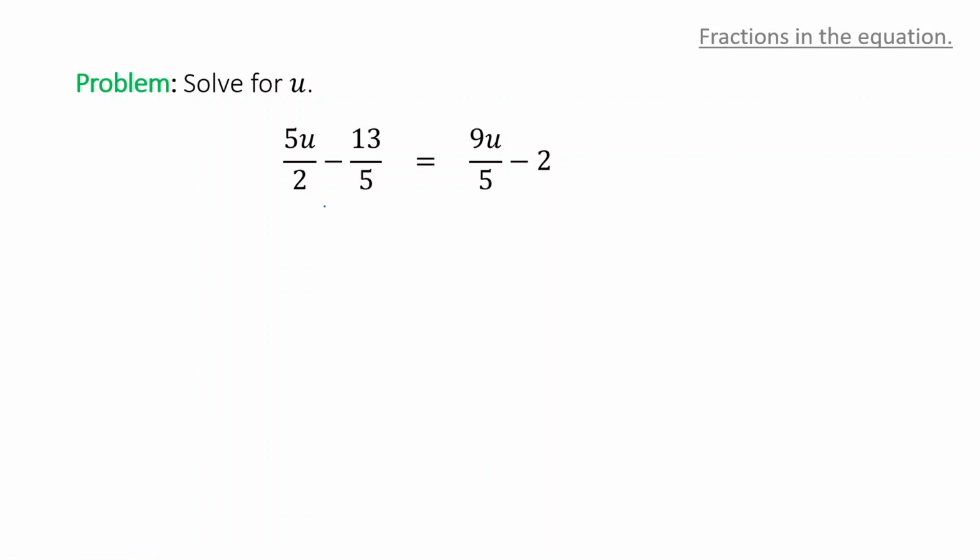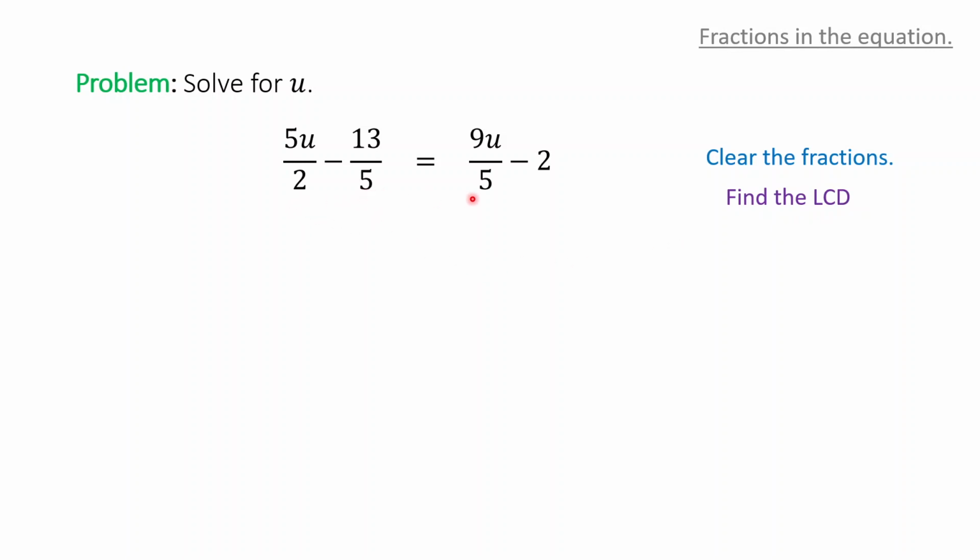Now we are going to do this problem. You need to solve this equation. In this equation, there are fractions. First, you need to clear the fractions. Take the denominators and find the least common denominator, LCD.